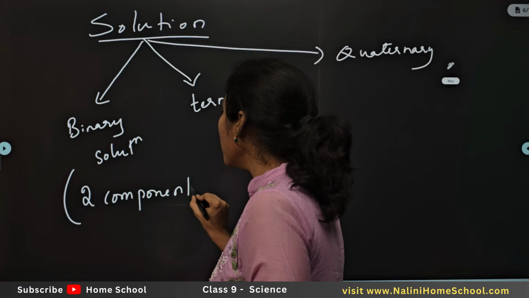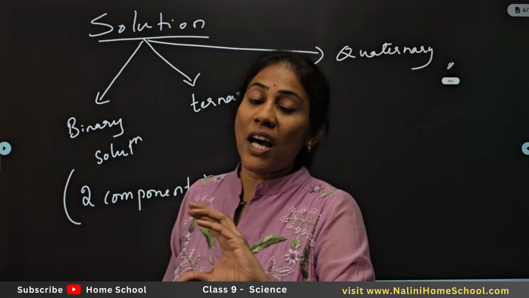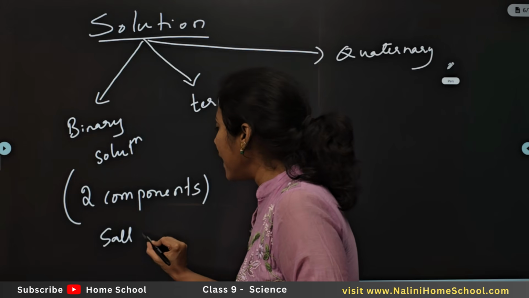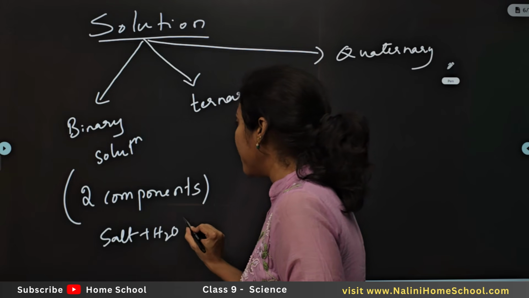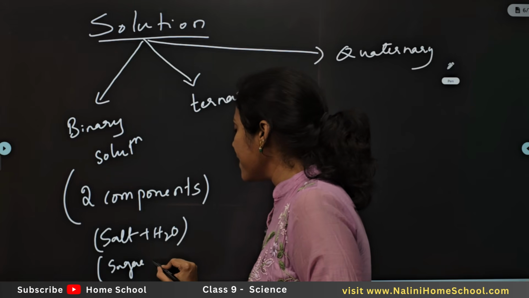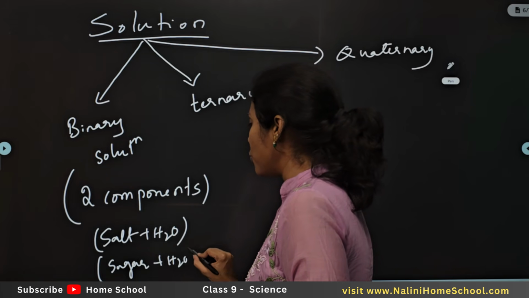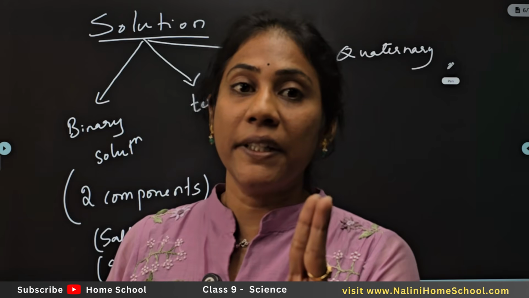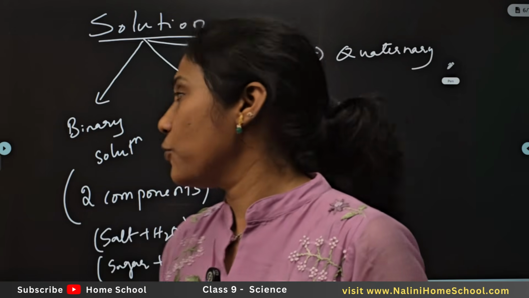You will find only two components which are chemically different. For example, salt plus water is an example of a binary solution. Sugar plus water is an example of a binary solution. Any solution which has only two components is called a binary solution.